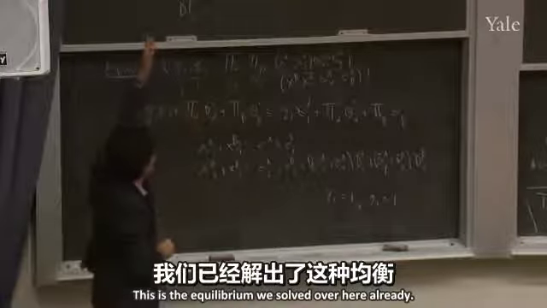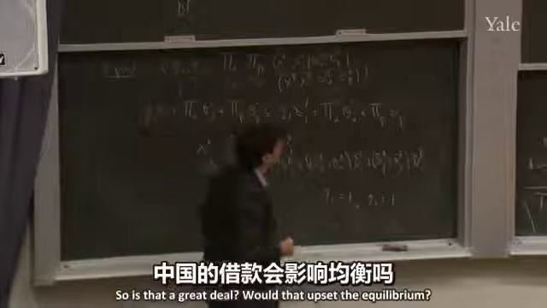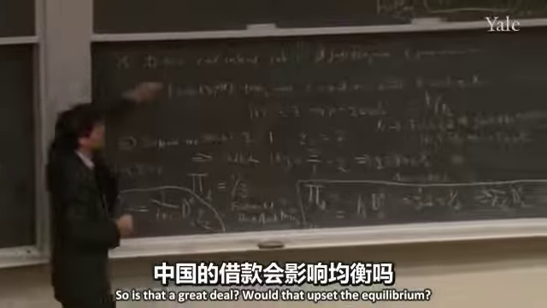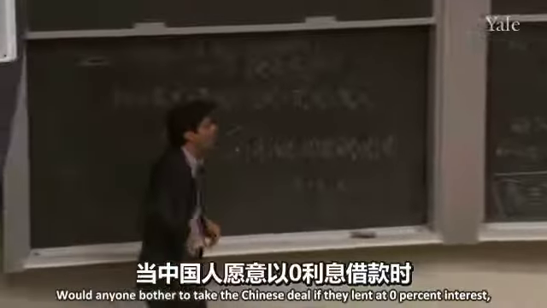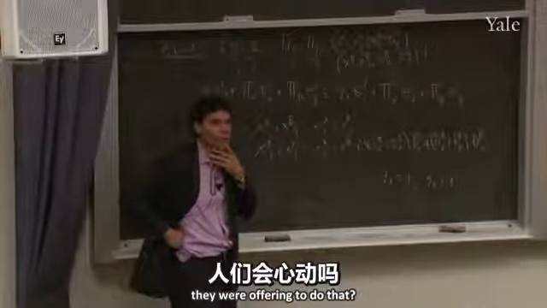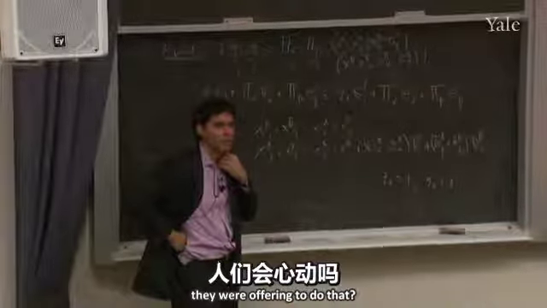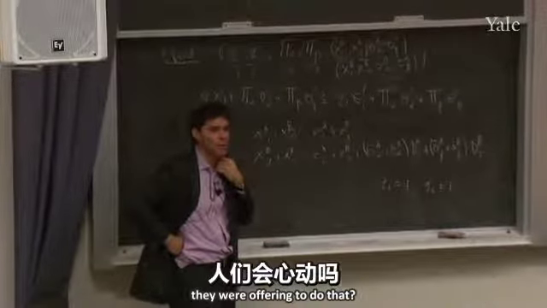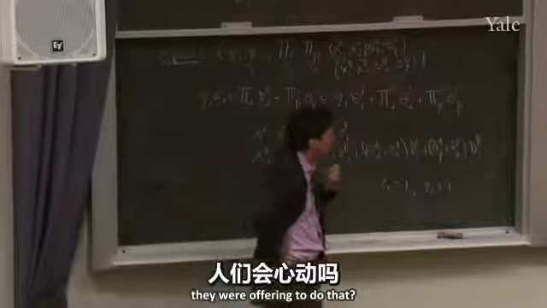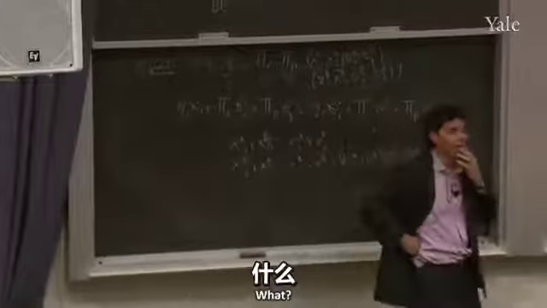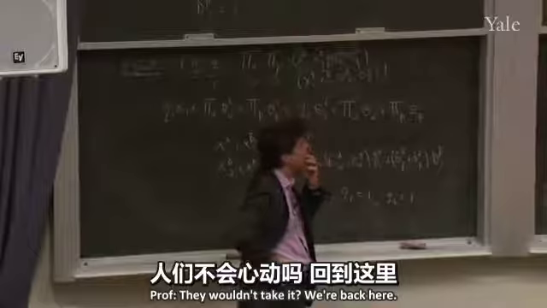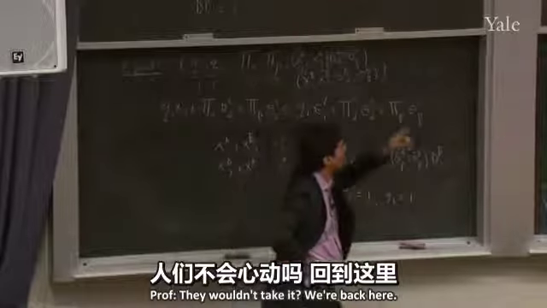This is the equilibrium we solved over here already. So is that a great deal? Would that upset the equilibrium? Would anyone bother to take the Chinese deal if they lent at 0% interest? We're back here.